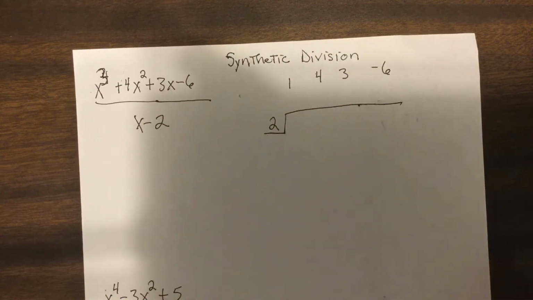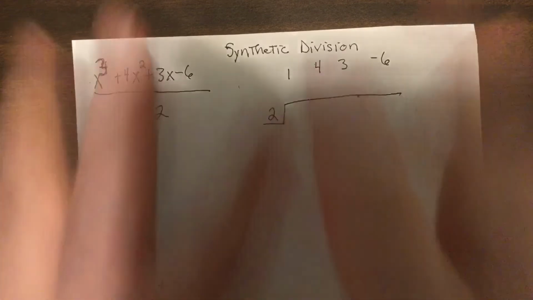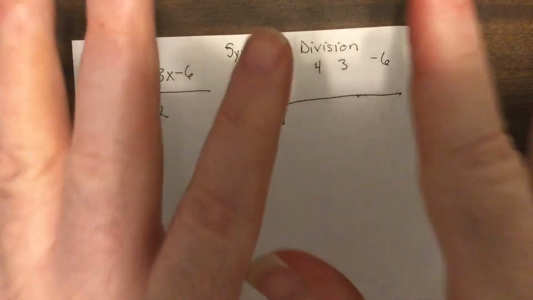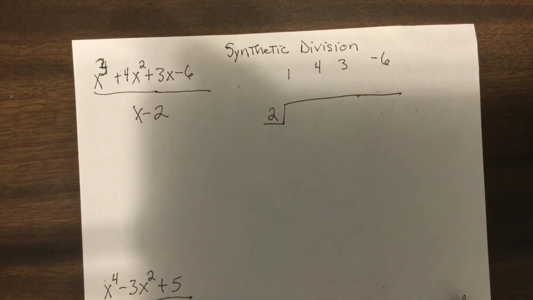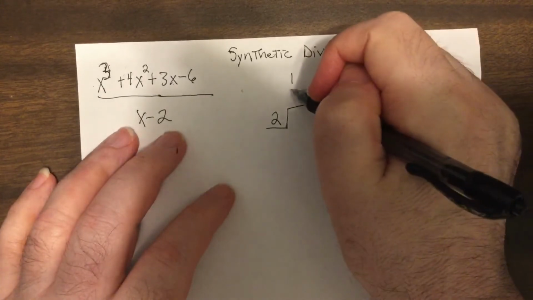Now, here's the whole process. Bring down, multiply, add. Bam! Bring down, multiply, add. Bam! So, bring down the first term.